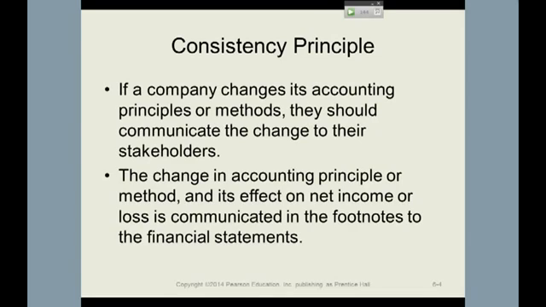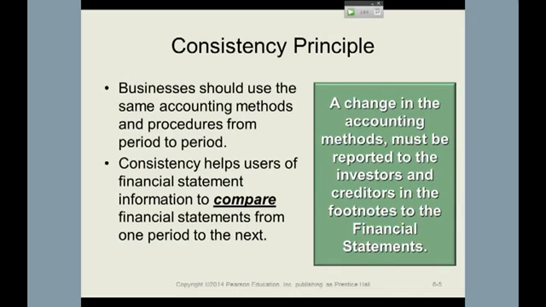And again, it's summarized here, it allows you to compare. So consistency helps compare, and so do the disclosures if there are changes. Now, this is all part and parcel of what we call the full disclosure principle, or the disclosure principle, which I think I've pretty much described already. So to summarize, consistency has to be followed.